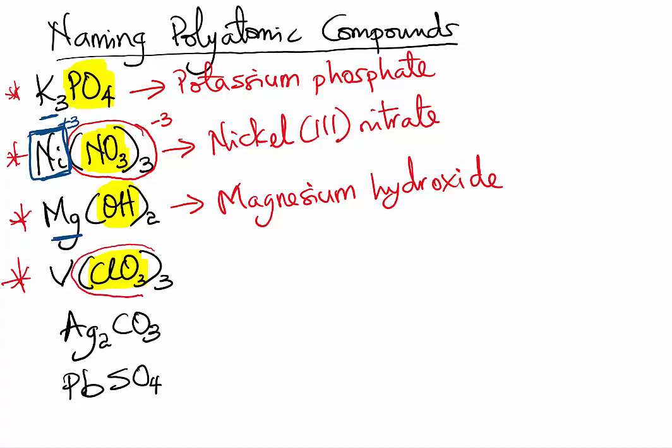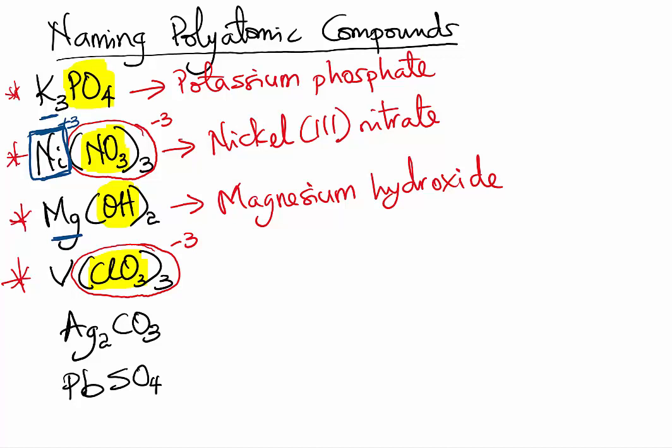We have 3 of the chlorates, and each chlorate carries a charge of -1, which means the total negative will be -3.